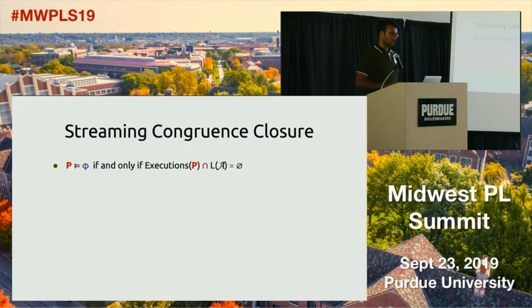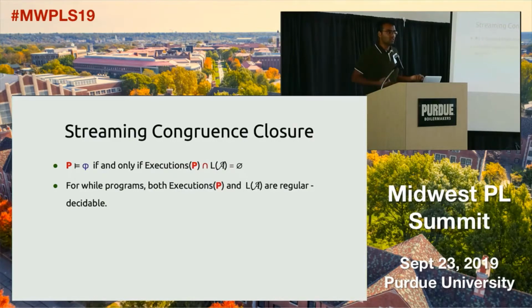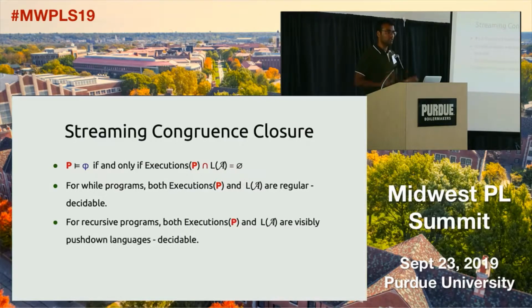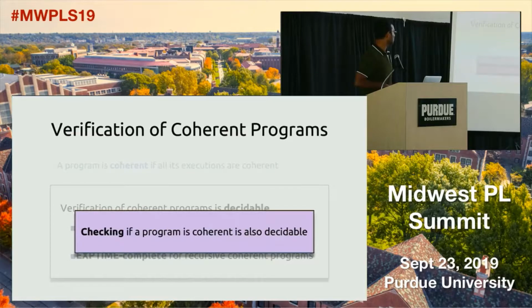And now one can show that the set of executions of a program is a regular language, and so is the set of executions that are coherent and correct. And therefore, the verification question boils down to intersection of two languages. Since both these languages are regular, we get a decidable algorithm. Even when you have recursive function calls, both these languages are visibly pushdown languages. So again, we have decidability here. In the paper, we also show that a similar algorithm can be used to check if an uninterpreted program is coherent. So that is also a decidable problem.